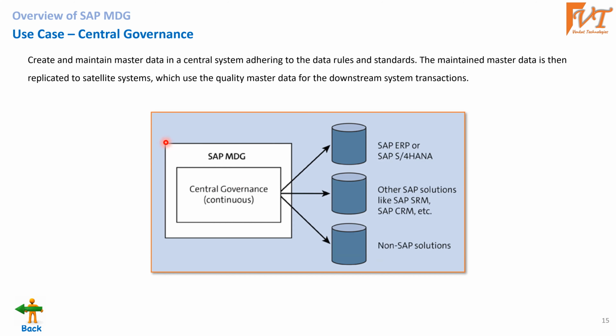Master data maintenance will only be in the MDG system. From this, we will distribute the master data to the required third party or external systems. That is called central governance. Whatever rules or quality principles we want to apply, we apply here one time and reuse multiple times.